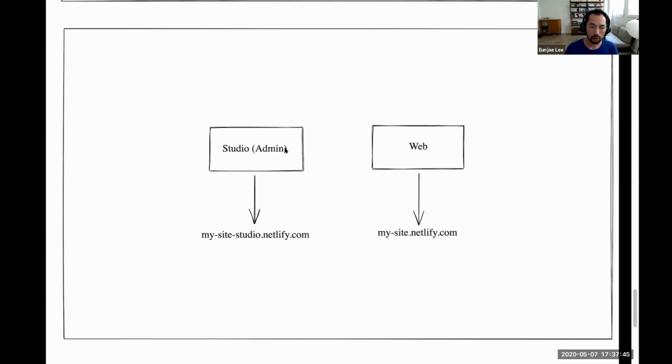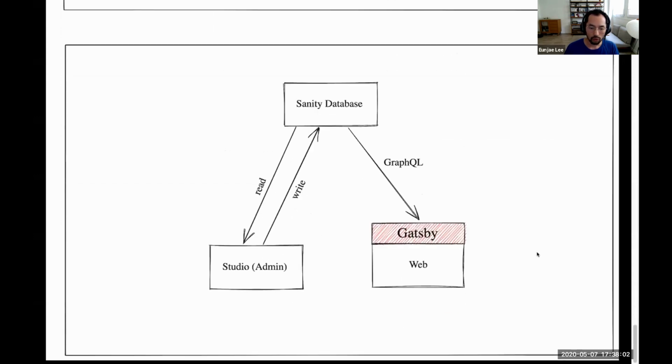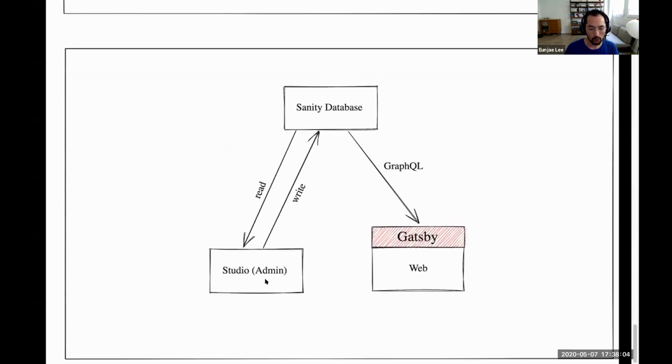This studio is like an admin website, and it's automatically deployed to Netlify, like mysite-studio.netlify.com, and this web is also deployed to Netlify, like mysite.netlify.com. So I just go to this studio website, and if I write something, it's written to the Sanity database, and I can read it from the database.